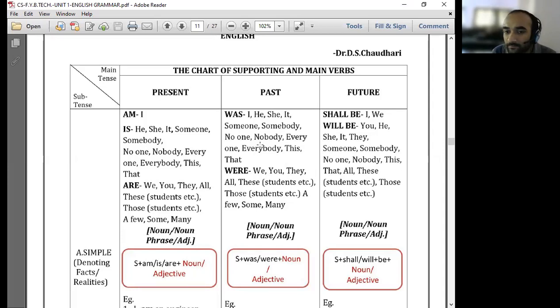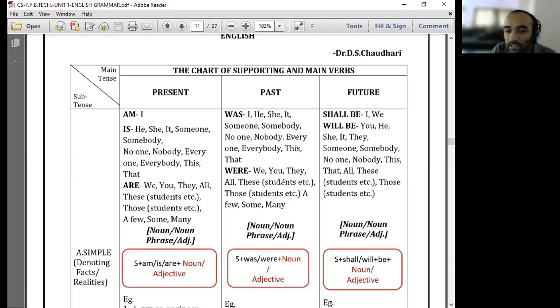Nobody was there. And were is used for we, you, they, all, these. These means what? In bracket, students or ladies or gents or boys, girls. You can take any word in the bracket.